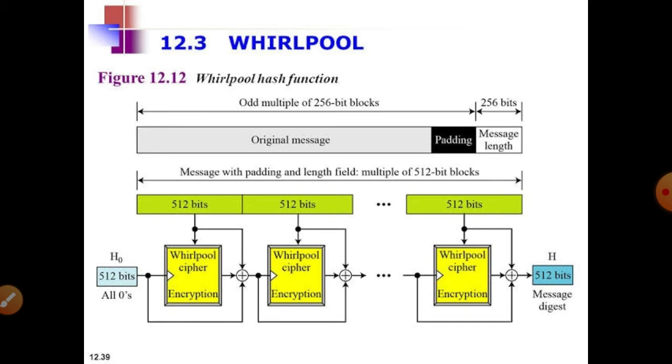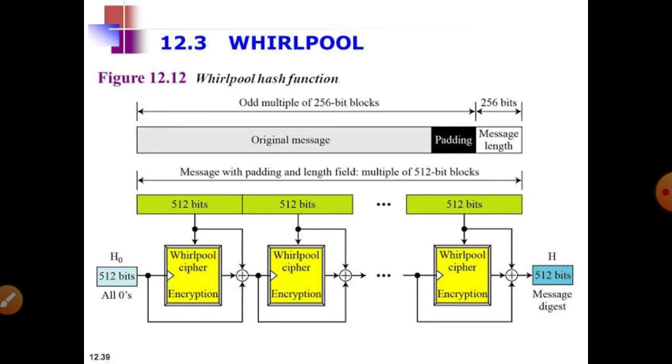This Whirlpool hashing function requires the length of the original message to be less than 2 power 256 bits. In the previous SHA algorithm, whenever the message length is less than 2 power 128 bits, that time we go with that algorithm.